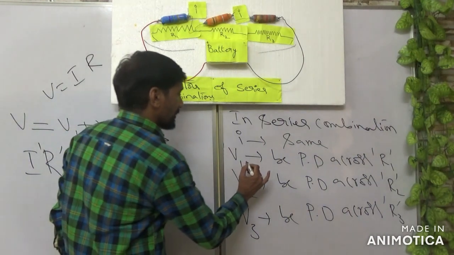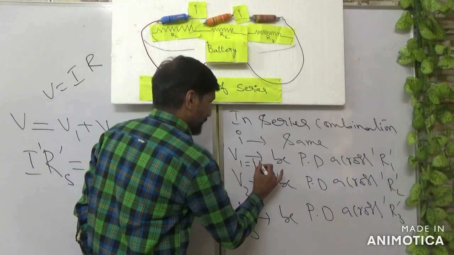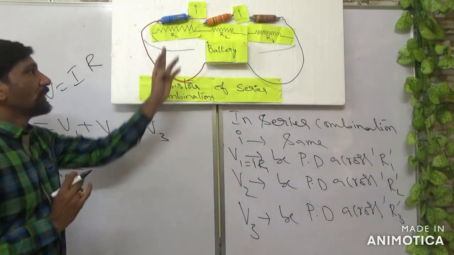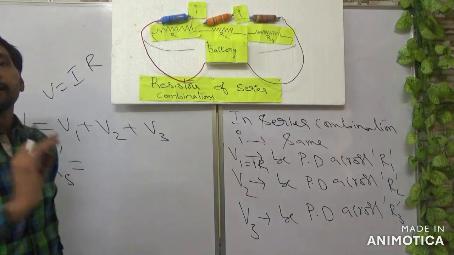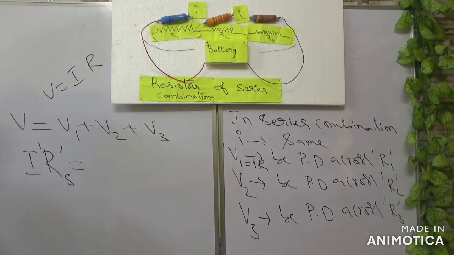So V equals V1, according to Ohm's law, V equal to IR, no? So I R1, because I remains the same. Why? They are joined in series combination.